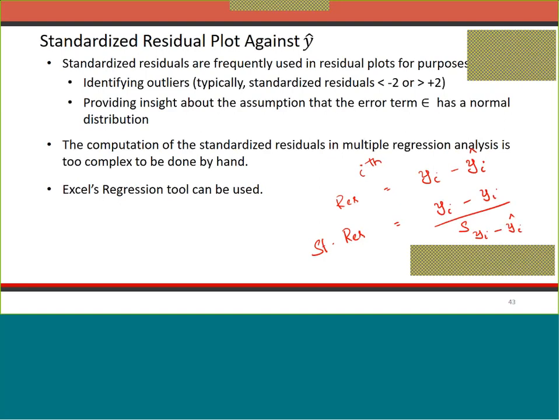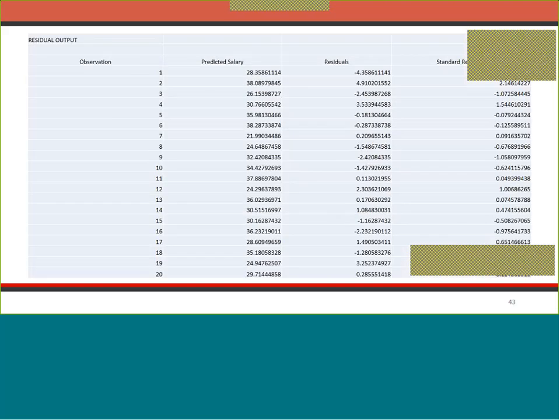If you increase the number of independent variables, you will have a very complicated regression equation, and calculating yi crown is very tough. In such a case, calculating the standard error becomes worse. That's why we use computer software to calculate that.